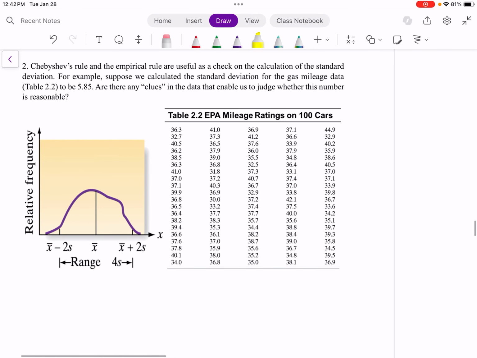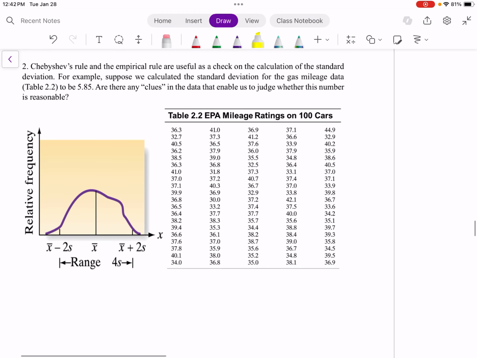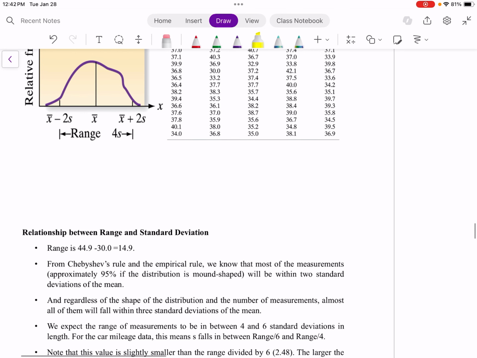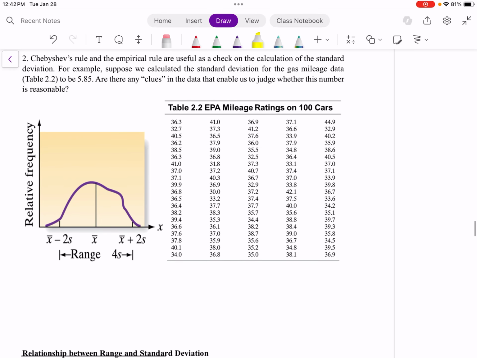Okay, instead of that, let's do activities. We'll do an example very similar to the one that we just did. Here we have a sample of 25 measurements.